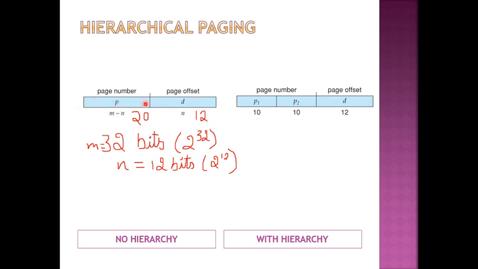Only the page number is divided into P1 and P2. How this two-level hierarchy works we'll see in the next slide. But just understand that the page number, which was a single entity, is now divided into two entities: 20 bits divided into 10 and 10.